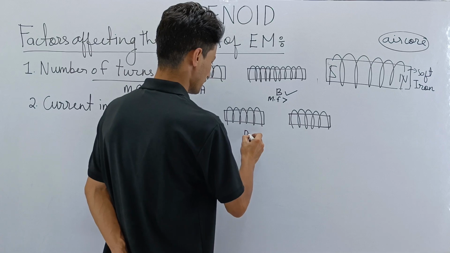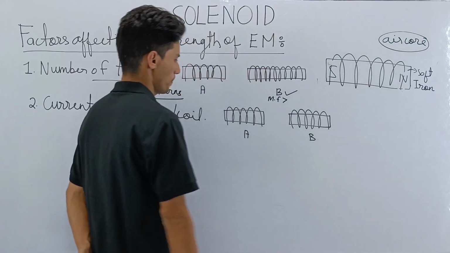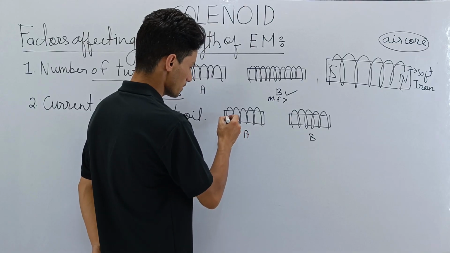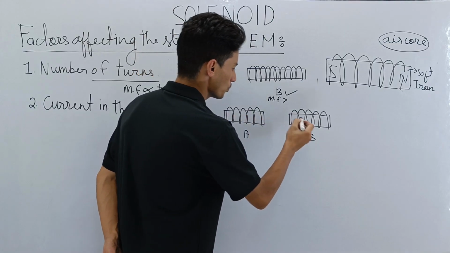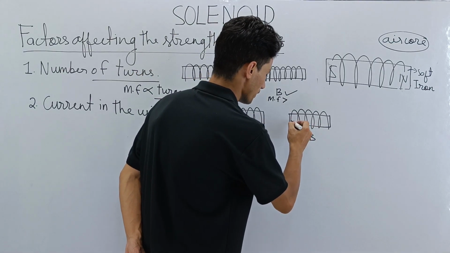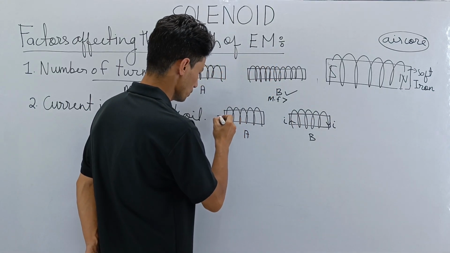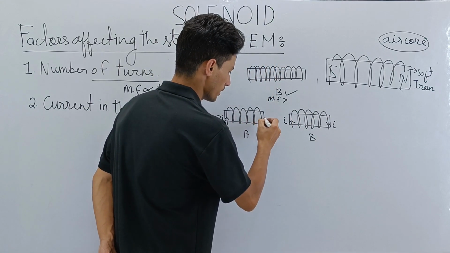This is electromagnet A, electromagnet B, and then current in the coil. Let's start from B. Let's say I current is flowing. Here in A, the current is 2I.